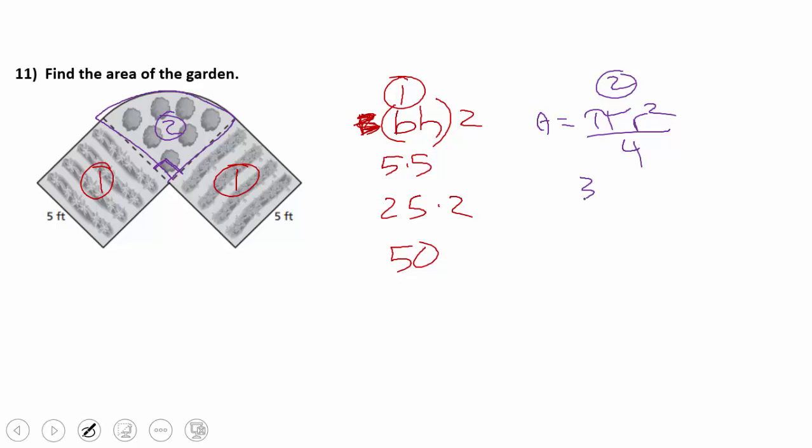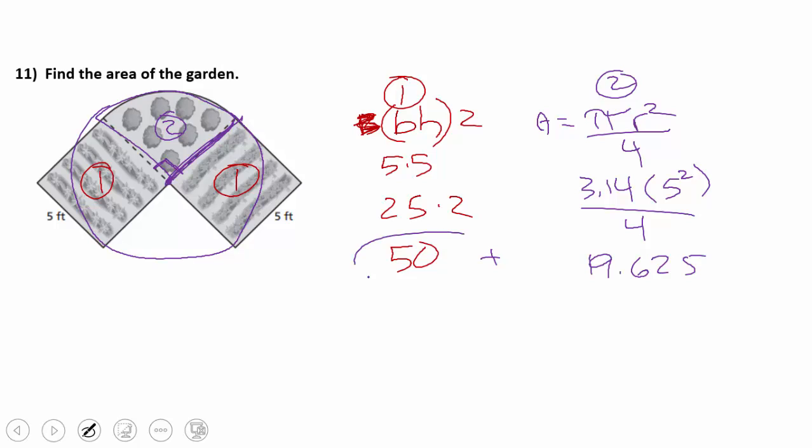All right, so 3.14. The radius of this circle would be 5 because the circle would actually continue and go something like that. This is right in the center. The radius is 5. So we got 5 squared, and we're going to divide that by 4. And when you do all that, you end up with 19.625.